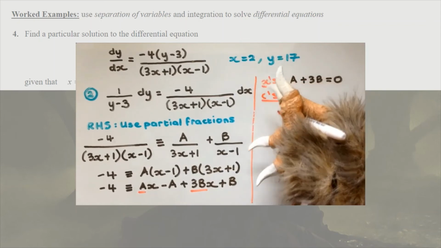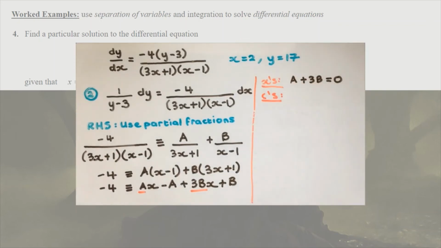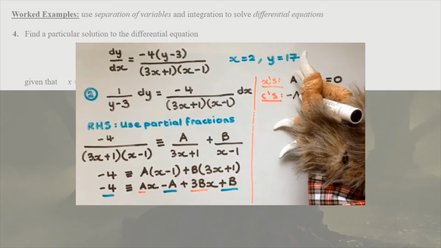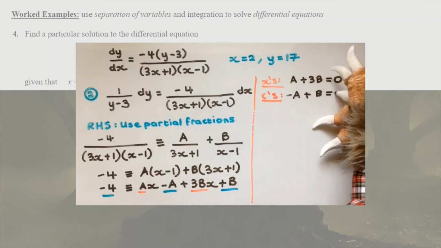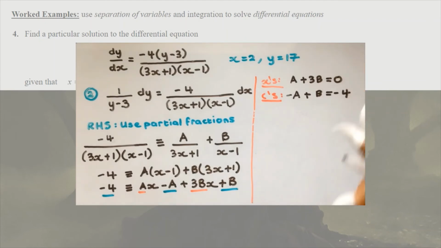It doesn't matter, it's just for your reference as long as you know what you mean. Constants, well, we've got -4 here, but on the right hand side we have -a there, plus b must equal -4. Let's write that down. So -a plus a single b must equal -4. We now have two equations. So we'll call this equation 1 and equation 2.